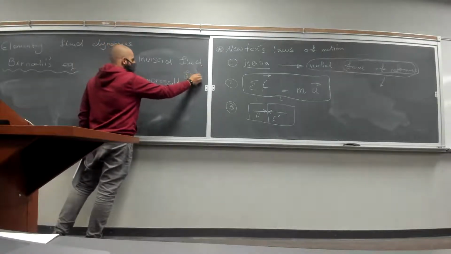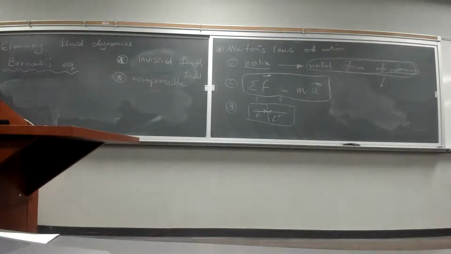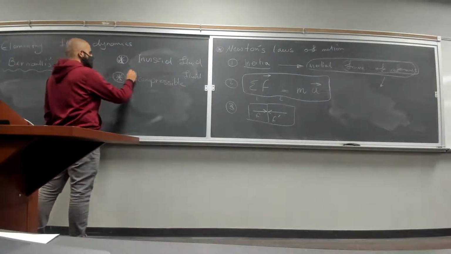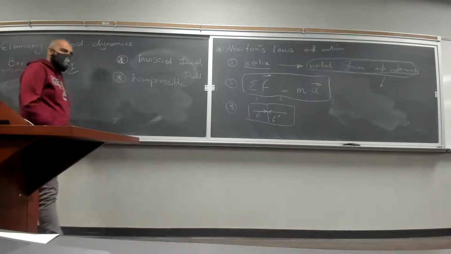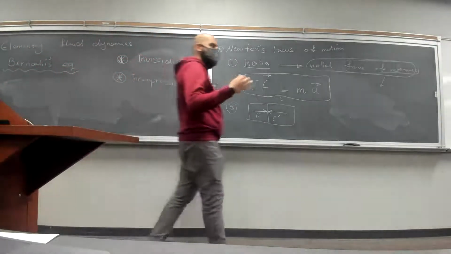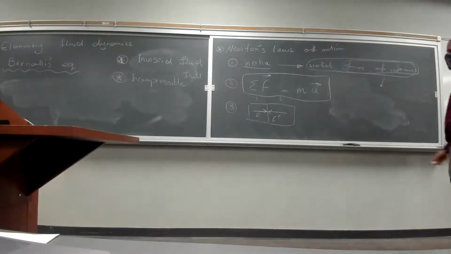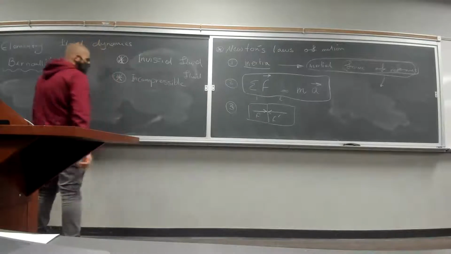Incompressible fluid, so your density does not change. If you recall, we had the bulk modulus, which was dP divided by d rho over rho, right? That density doesn't change, so your bulk modulus is going to be very high.